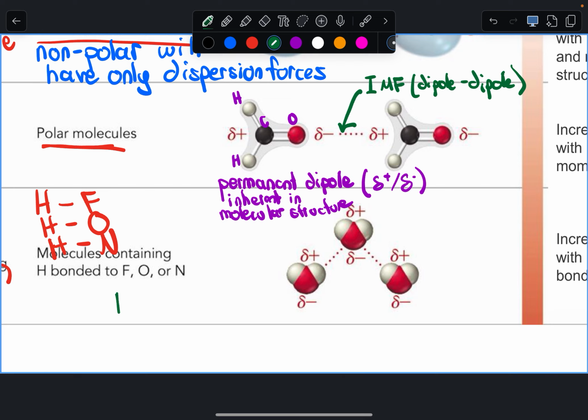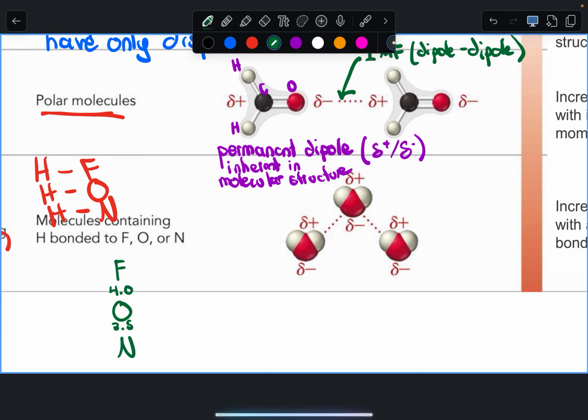If you remember, fluorine is our most electronegative element, with an electronegativity of 4.0. Oxygen is 3.5 and nitrogen is 3.0. And then hydrogen is about 2.1 or 2.2. So you get a very polar bond here.